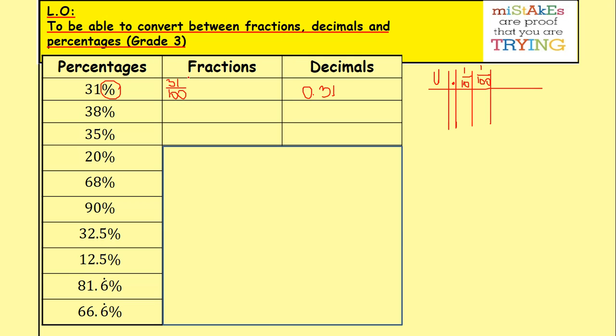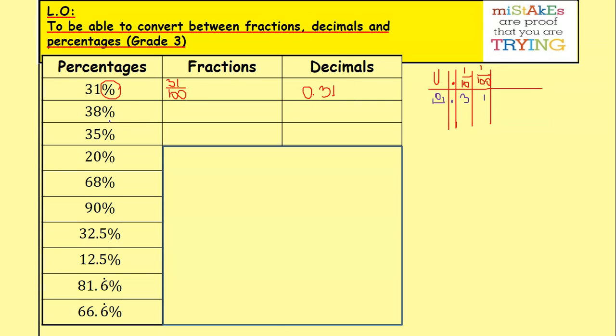Now if I put this number inside, 31 above 100, the last digit tells me what my place value is. So it's going to be in the hundredths. I have 31 hundredths, and I need to put the decimal point and the zero placeholder, so it's going to be 0.31. So 31% is 0.31.